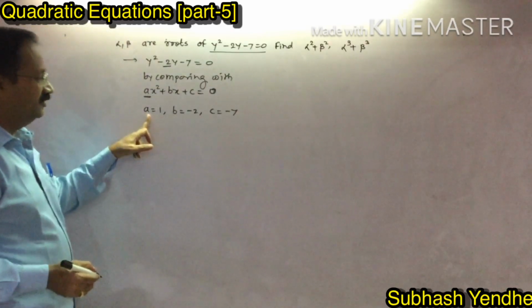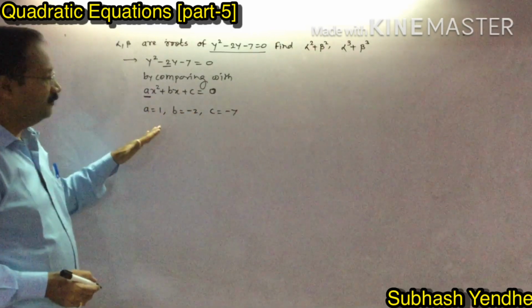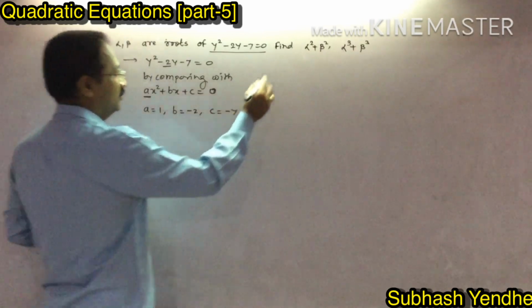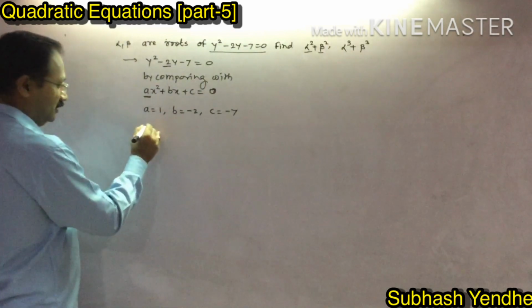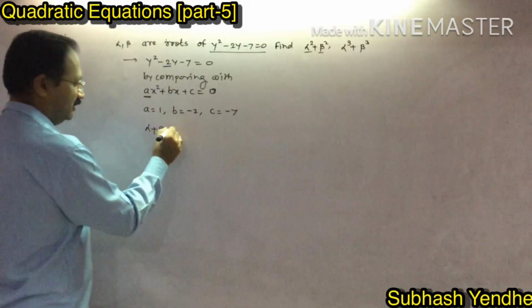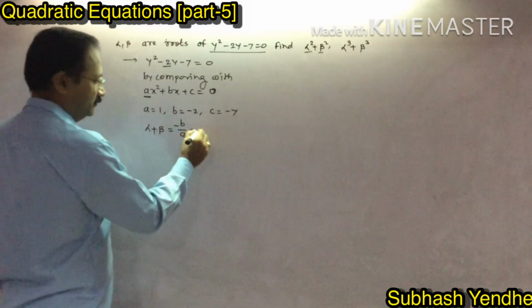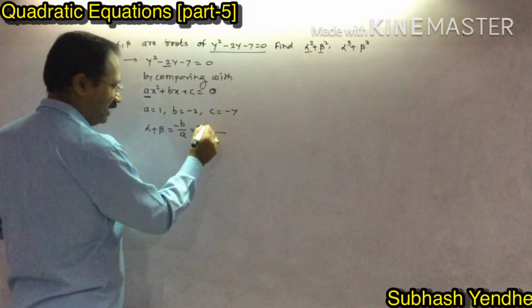These are the values of a, b and c. From that you have to find the values, because we need alpha plus beta and alpha beta. Alpha plus beta equals minus b upon a. So minus will remain as it is and b's value is minus 2.